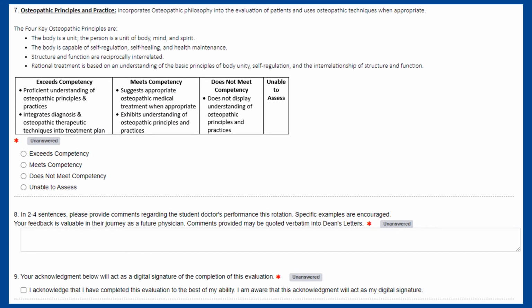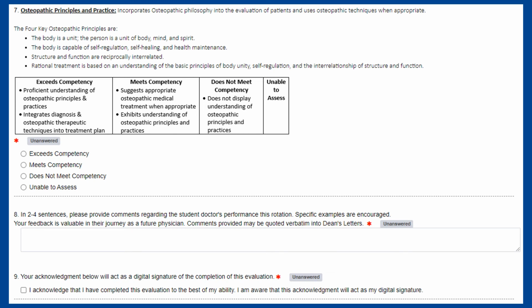The 7th and final category is osteopathic principles and practice. Was the student doctor able to incorporate osteopathic philosophy into the evaluation of patients and use osteopathic techniques when appropriate? The 4 key osteopathic principles are: the body is a unit. The person is a unit of body, mind, and spirit.